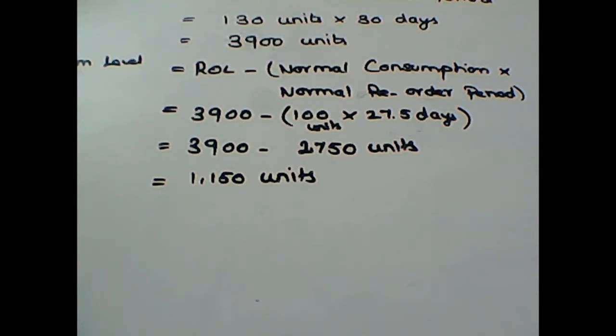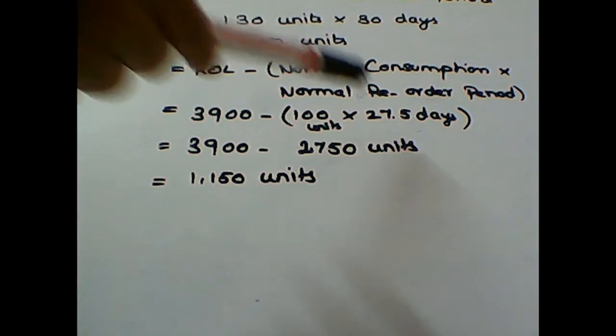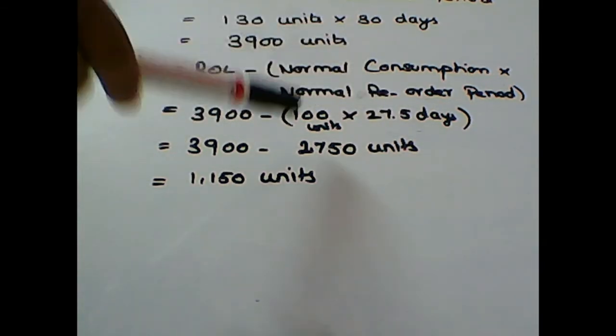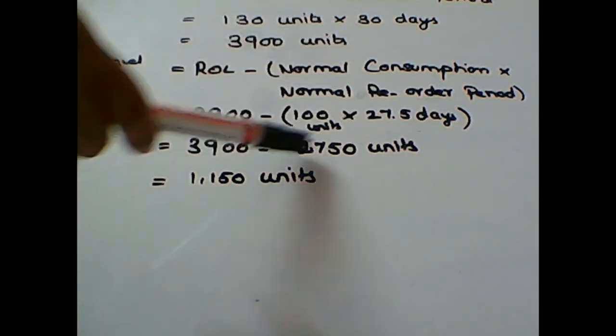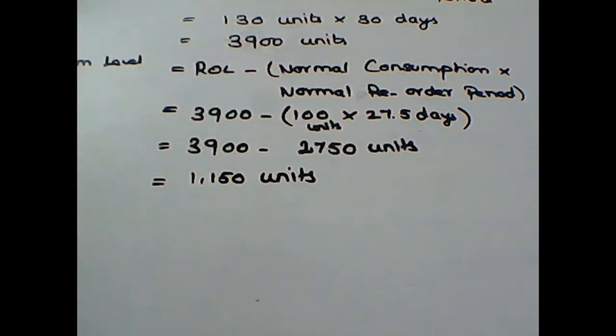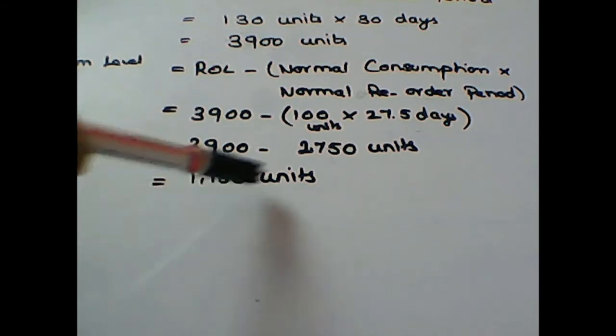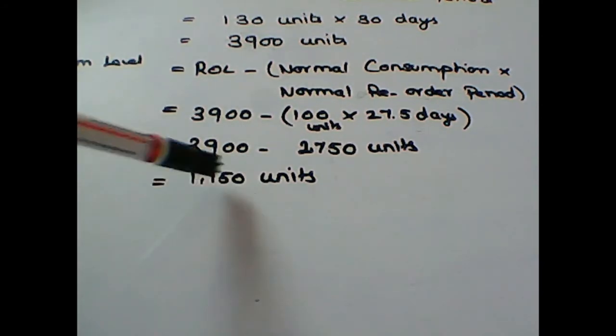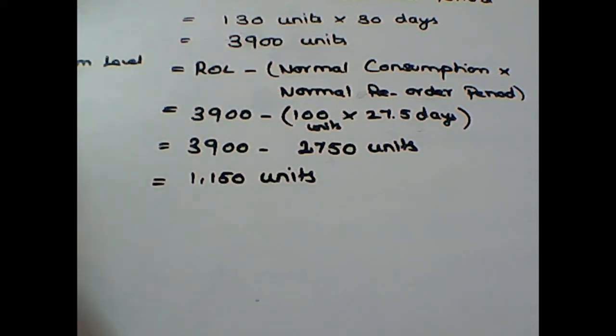It was given in the problem reorder period is 25 to 30 days. By taking the average of 25 to 30 days, we get 27.5 days. By multiplying these two, we get 2750 units. So by calculating this, we will get our minimum stock level as 1150 units. So 1150 units is our minimum stock level.